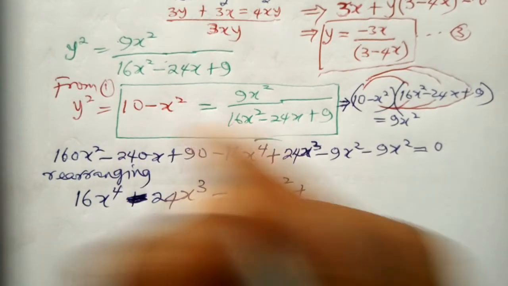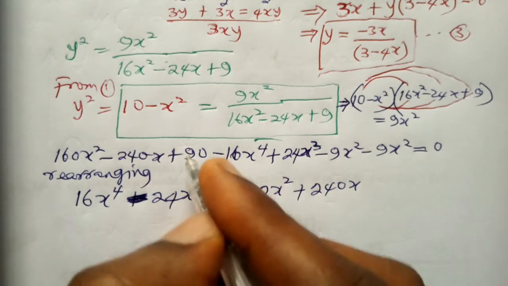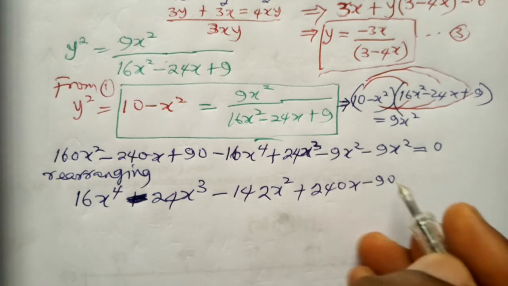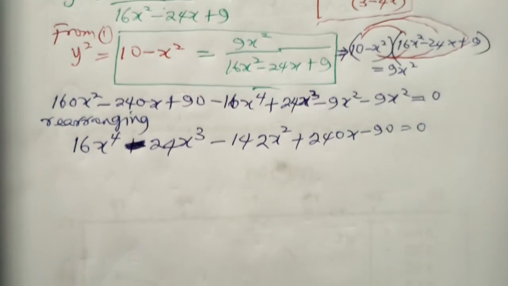Plus this one coming over here, 240x. This one coming over here, minus 90, is equal to 0. So this is the equation that we are going to solve.